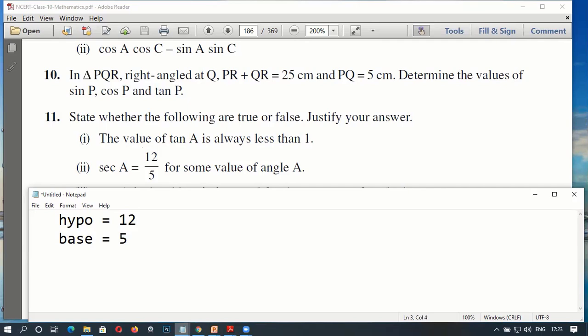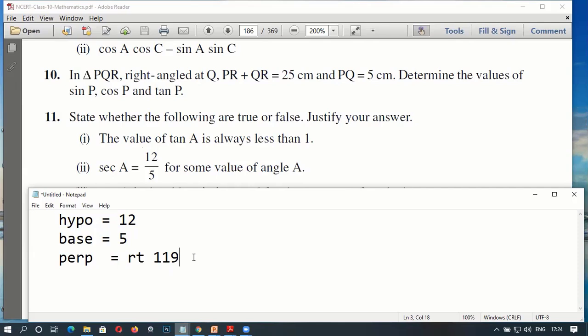Right, Nikhil? Perpendicular will be lesser than this or not? 144 minus 25. Right, Nikhil? 119, root 119. Find out how much root 119 is approximately, Nikhil, or everybody else. It is possible. We only have to see whether we are forming a proper triangle or not.